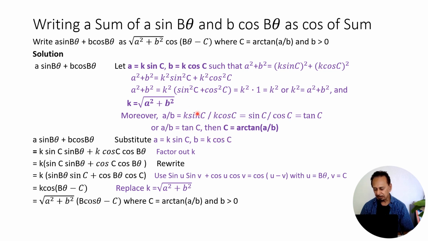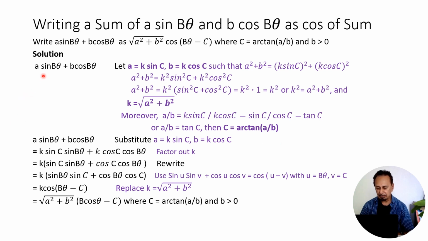Now k cancels, it is sine c over cosine c. And we know sine of c over cosine of c is tangent c. So we have a over b equal to tangent c. From here, using the inverse definition of tangent, c equals arctangent a over b.